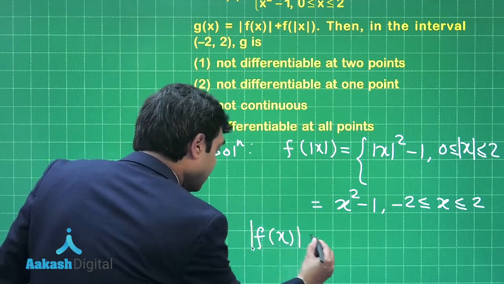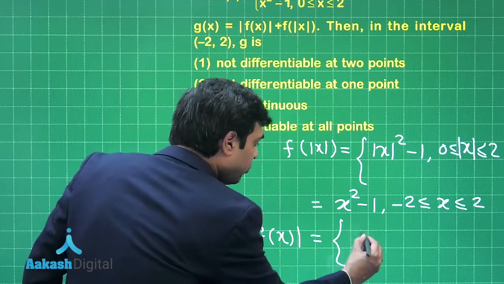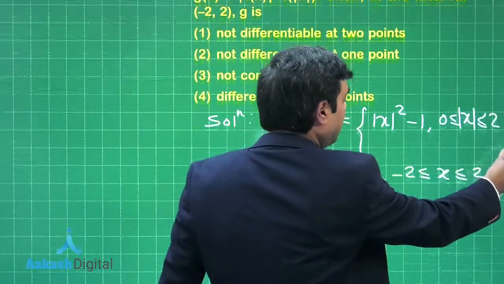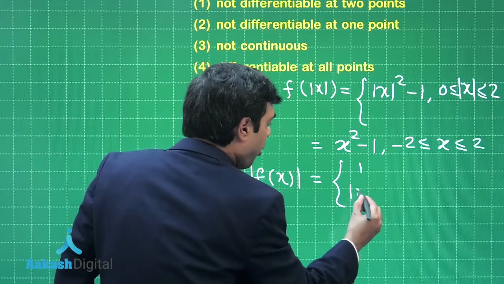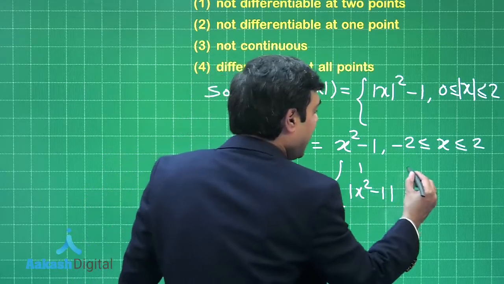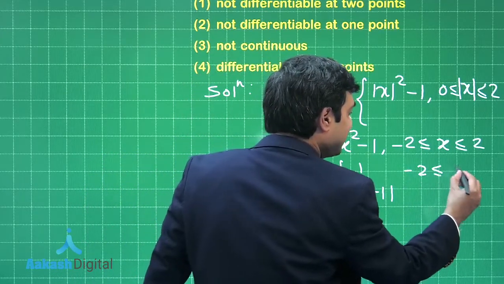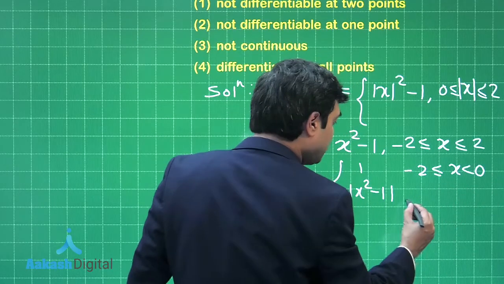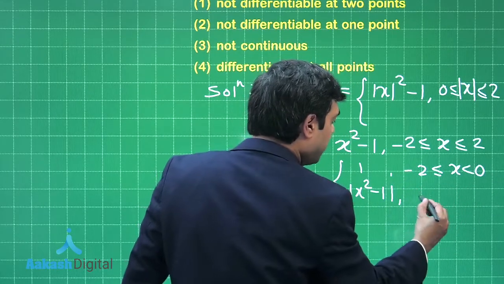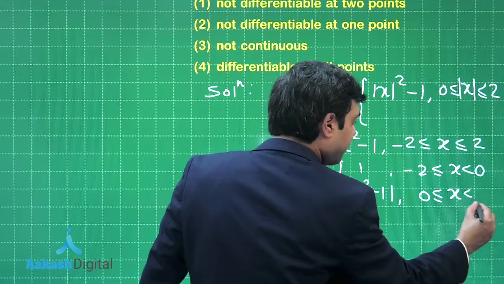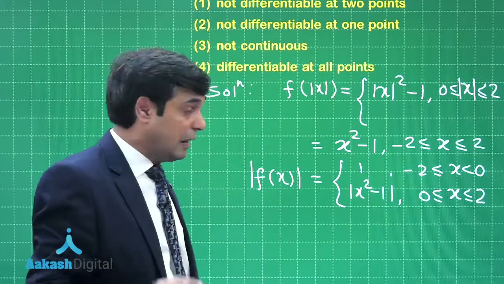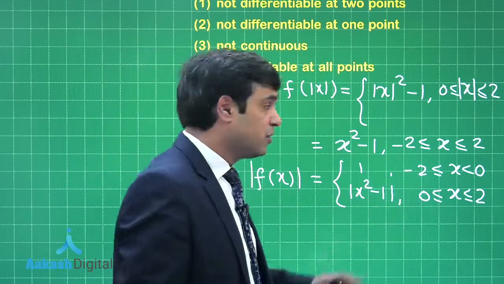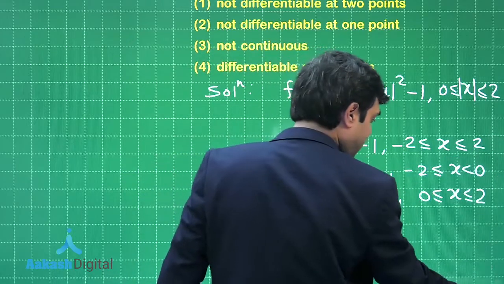This time this will be equal to 1 or mod of x square -1 according to as x is in the interval -2 to 0 or 0 to 2. This is clear. Now we can break this one further. So breaking it further, we can write it.